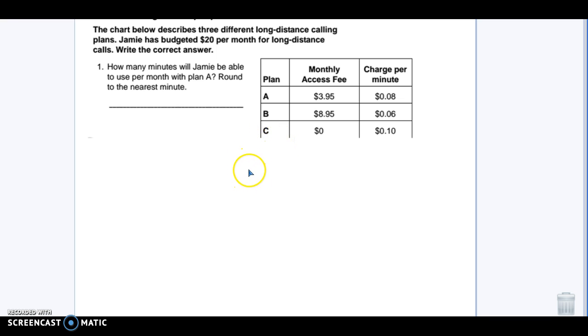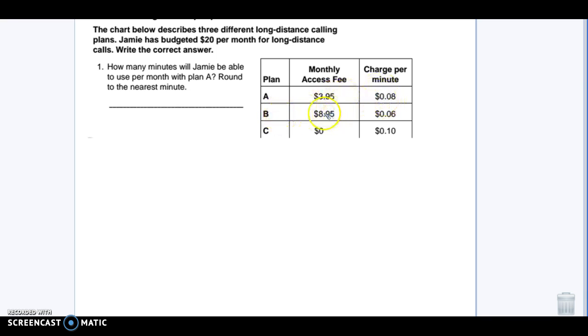Okay, so let's do one of these problems from the practice book. Here we have Jamie has budgeted $20 per month for long distance calls. They want to know, so here we have different phone plans. Plan A charges $3.95 to access, and then 8 cents per minute.